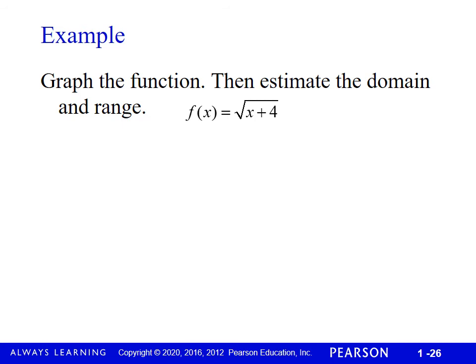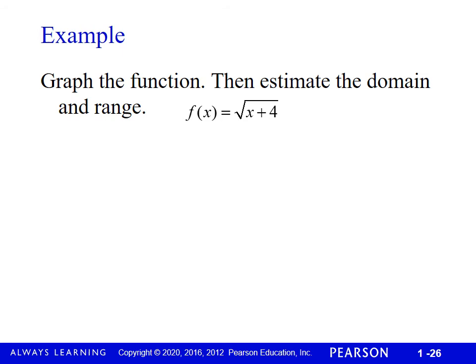Now, when you're looking at equations, there are two types of equations that are going to have limited domains. The first one we already saw was fractions, where the denominator couldn't be 0. If I have even roots, square roots, fourth roots, sixth roots, etc., remember that we cannot take a square root or an even root of a negative number.